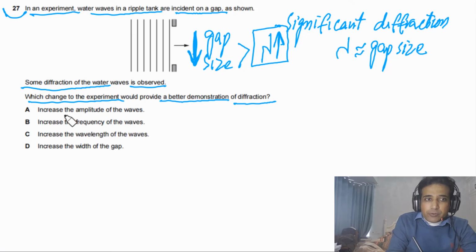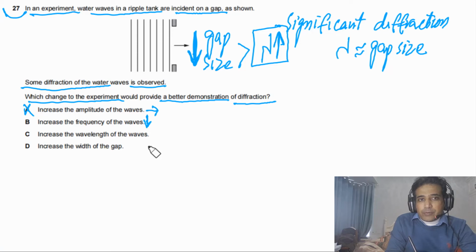Now if you look at given options, increase the amplitude of the waves, it has no effect on diffraction, so it will not increase diffraction. Increase the frequency of the waves, if we increase the frequency of the waves, it means lambda will go down. If lambda even gets smaller, it means diffraction will go down.